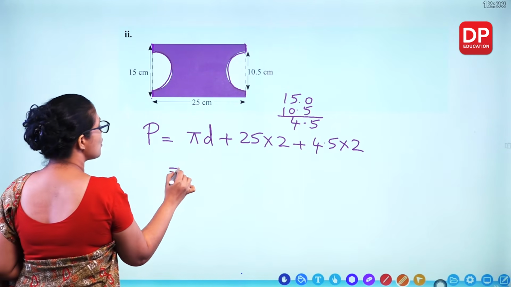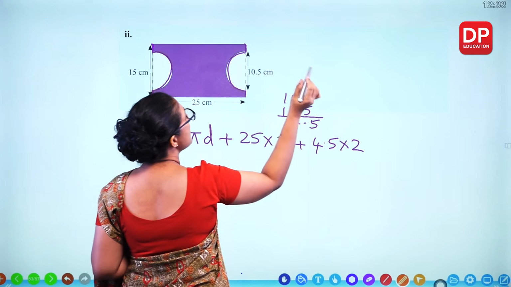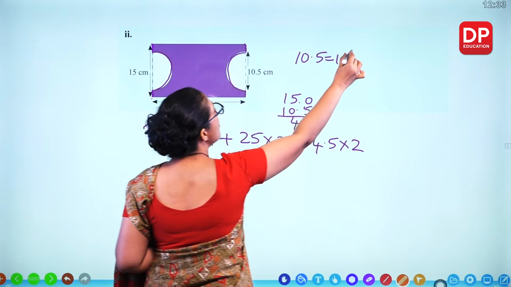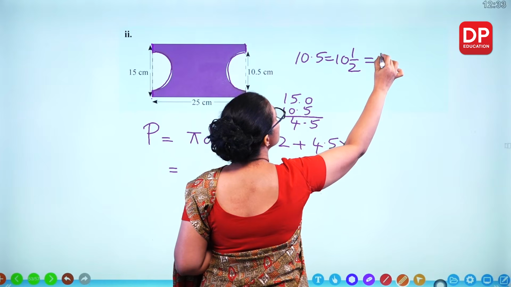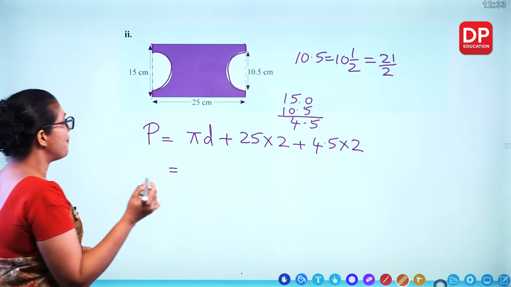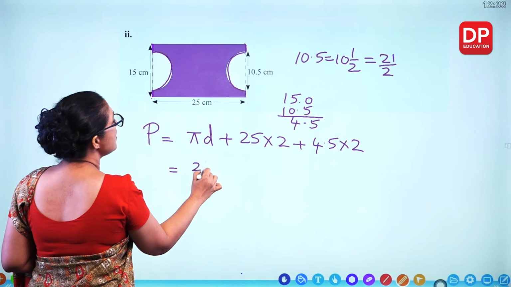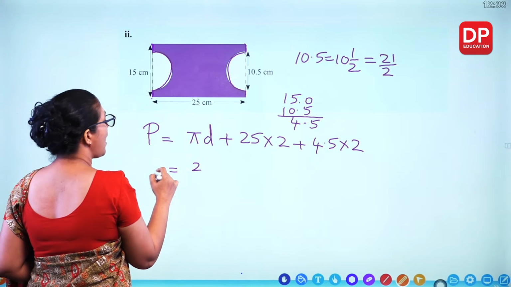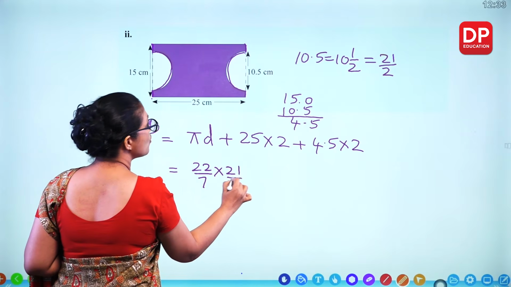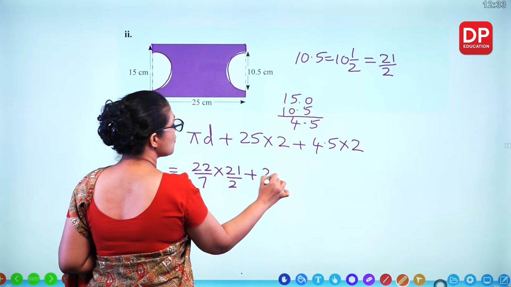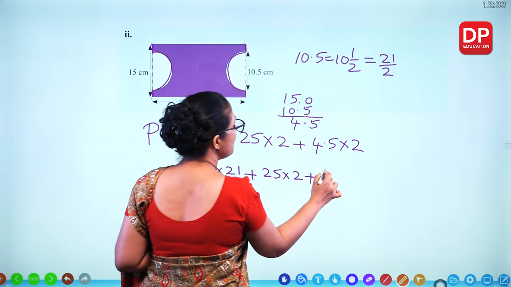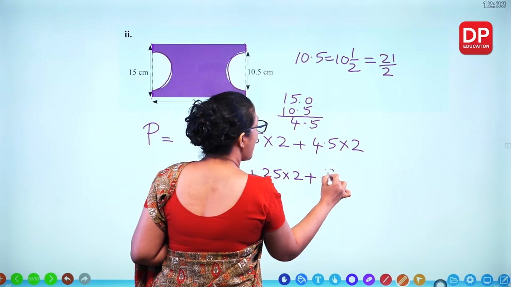Now we'll substitute. What's d here? 10.5, which you can write as an improper fraction, 21/2. That's easier to apply. So pi is 22/7, d is 21/2. So 25 times 2 here. 2 times 4.5 you get 9.